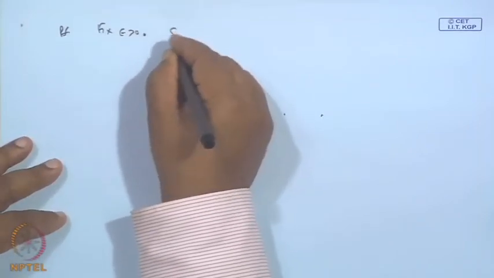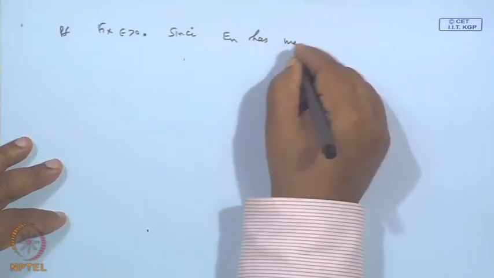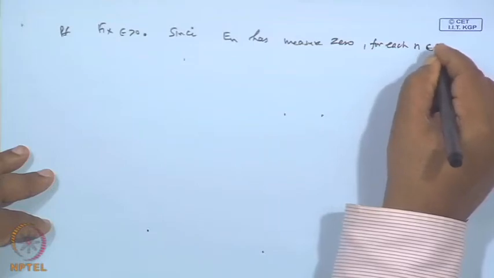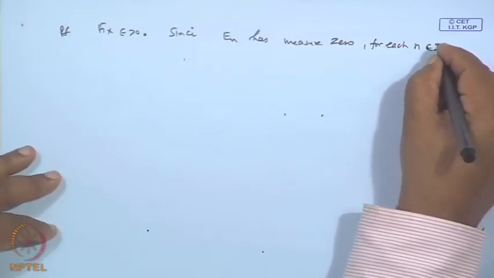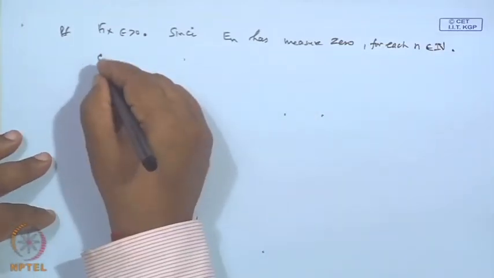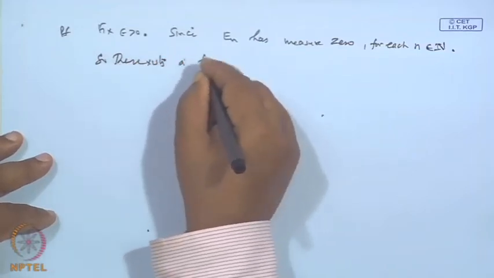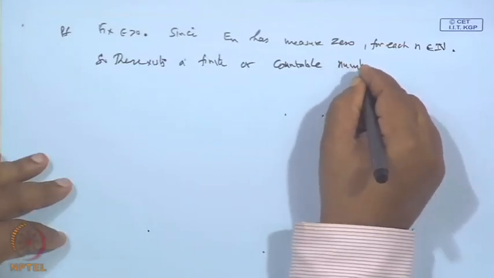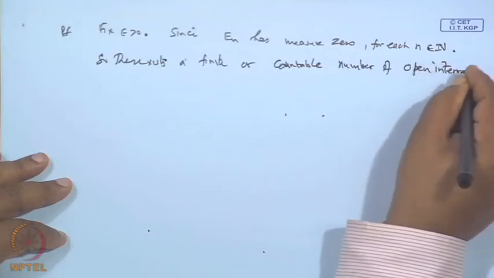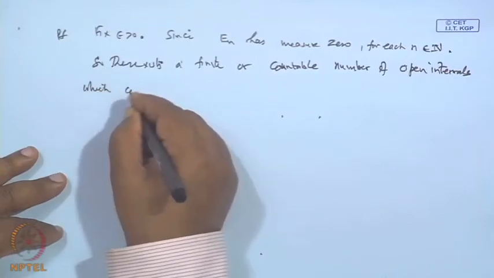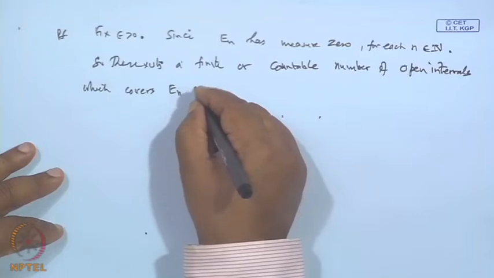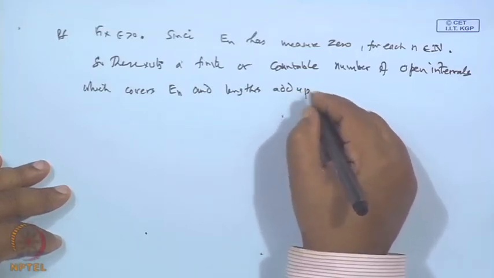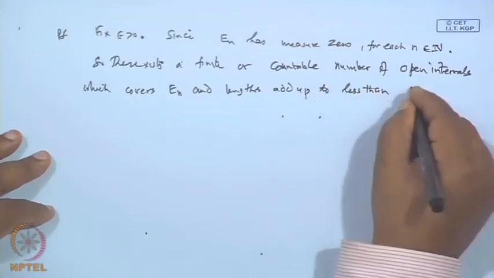Since E n has measure 0, by definition, for each natural number n there exists a finite or countable collection of open intervals which covers E n, and whose lengths add up to less than, say, epsilon over 2 to the n.